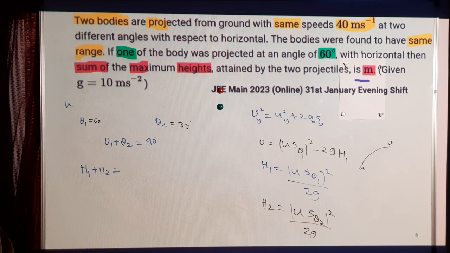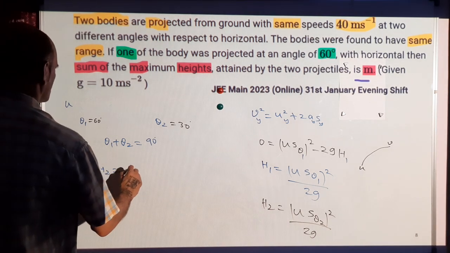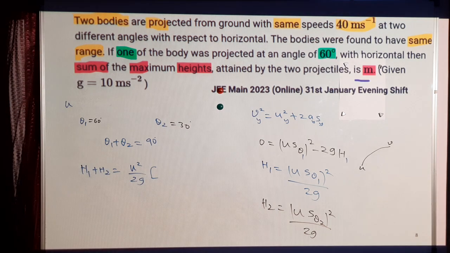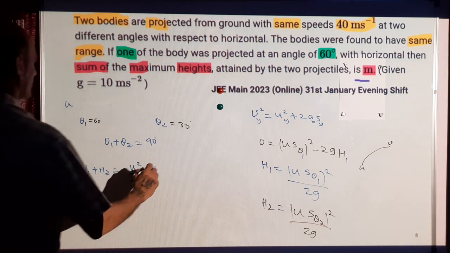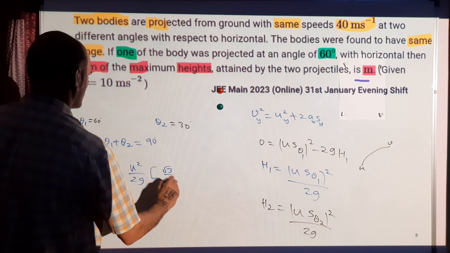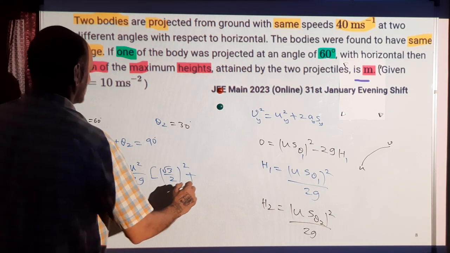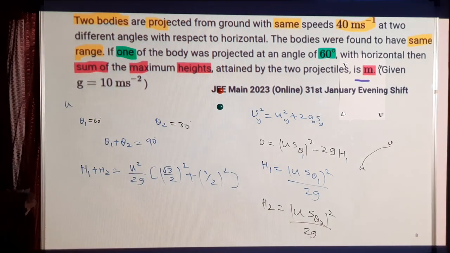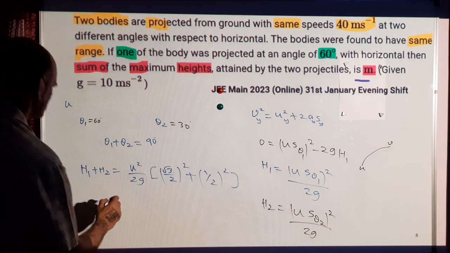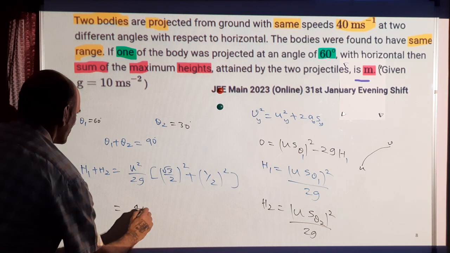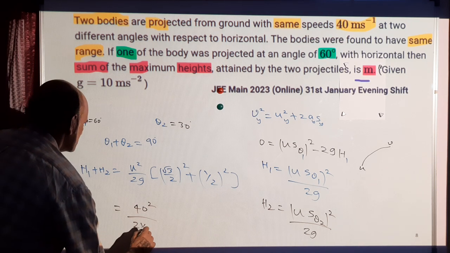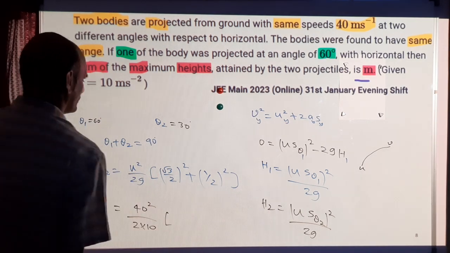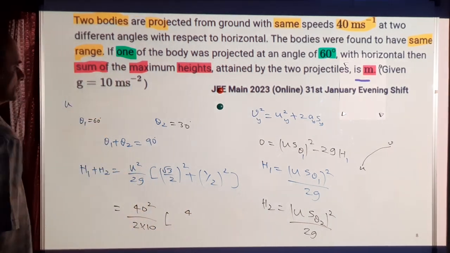U square by 2g is common into sine theta 1 square, which is sine 60, and then sine 30. U square is 40 square, g is 10. So this is 3 plus 1, which is 4. The denominator is 4.